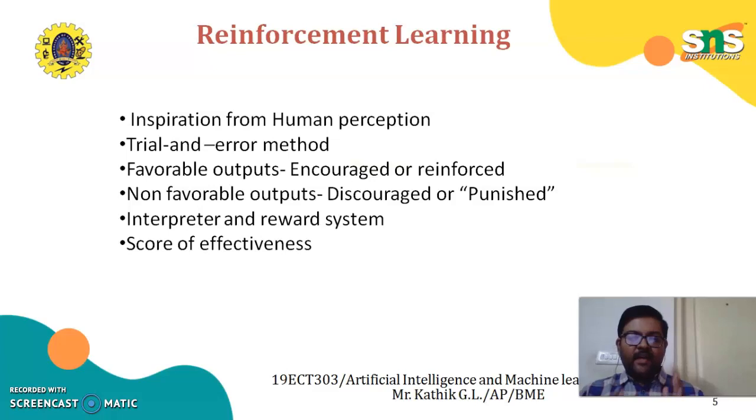And there is an interpreter and a reward system, right? This is reinforcement learning, learning from mistakes or the trial and error methodology. These are the three main types of machine learning. There are actually subtypes in each and every type that we can discuss in the forthcoming units.